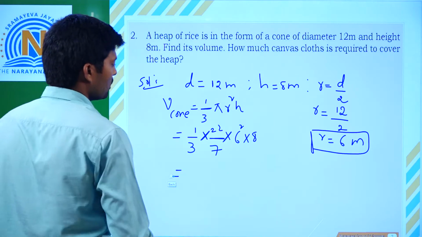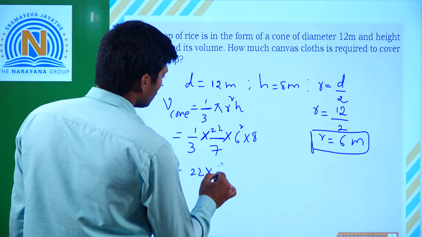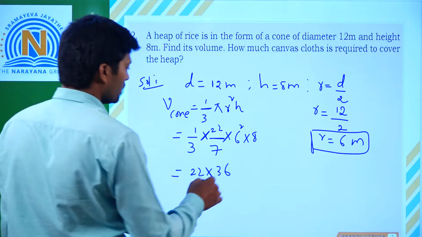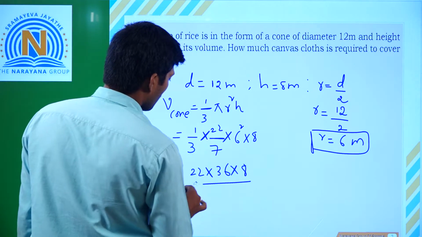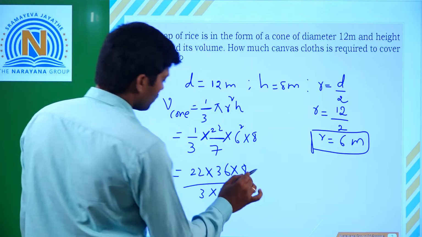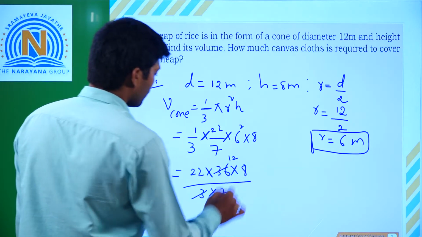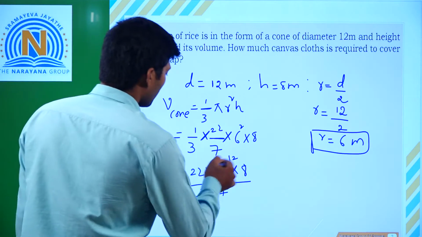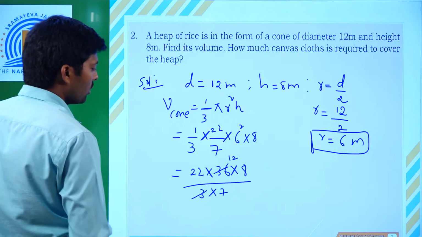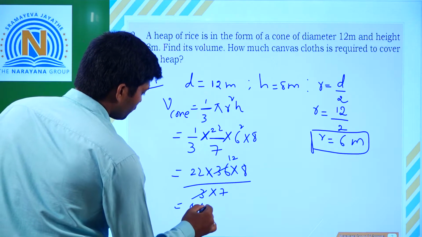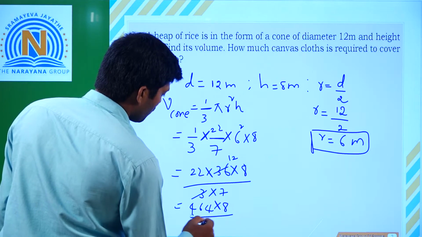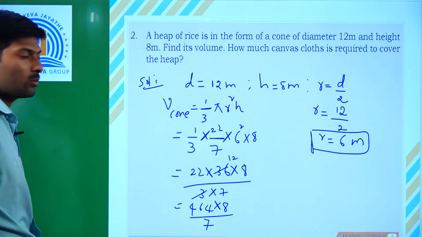Just simplify this, that is 22 into 36 into 8 upon 3 into 7. Here three ones are 3, three twelves are 36. Let's multiply this. Here 22 into 12 is 264 into 8 upon 7.